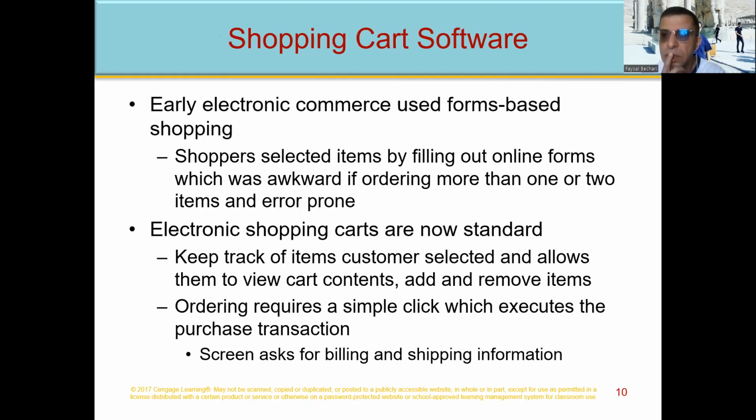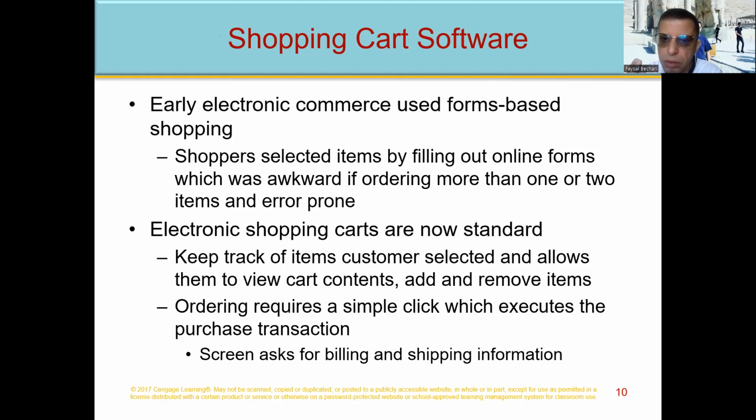Now, the second part is shopping cart software. Early electronic commerce used a form of shopping where shoppers selected items by filling out online forms, which was awkward if you were ordering more than one or two items, and there might be errors if it was complicated.